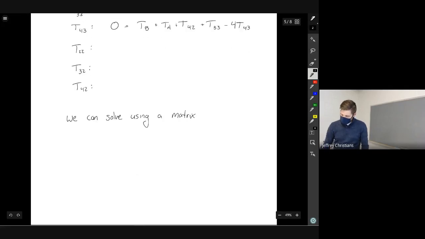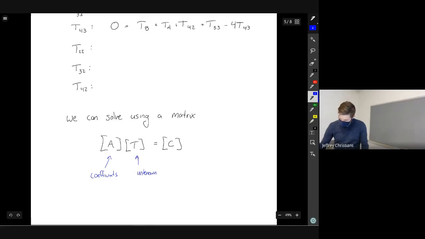We would have a coefficient matrix, a vector of our temperatures, and that equals C. So these would be our coefficients, that's our unknowns, and this is our knowns.